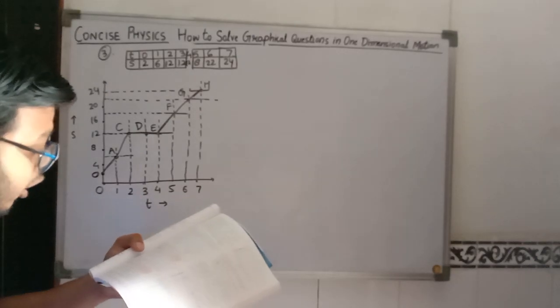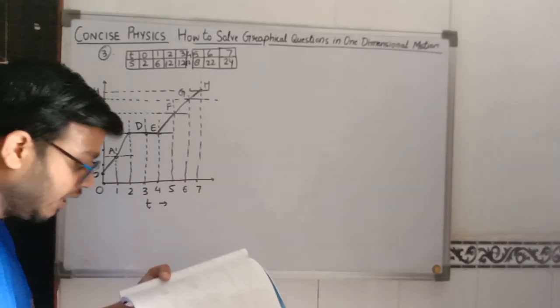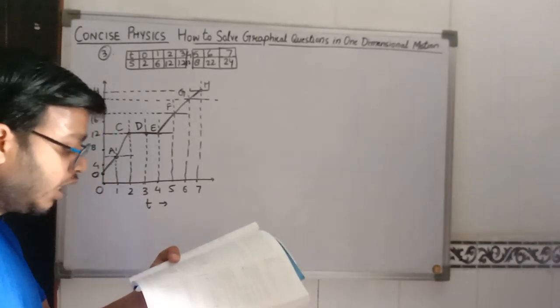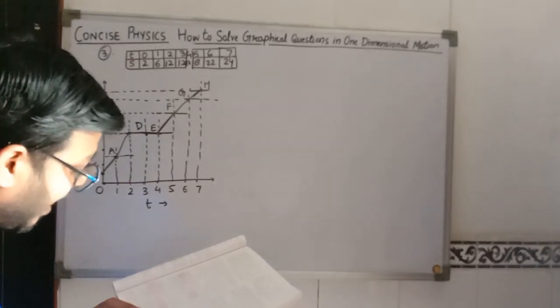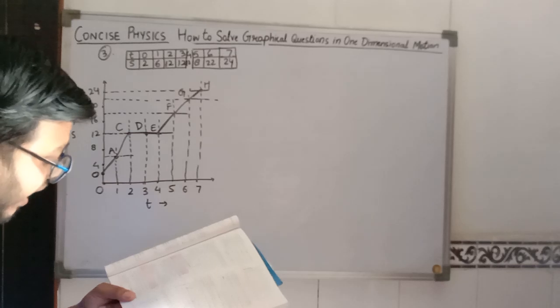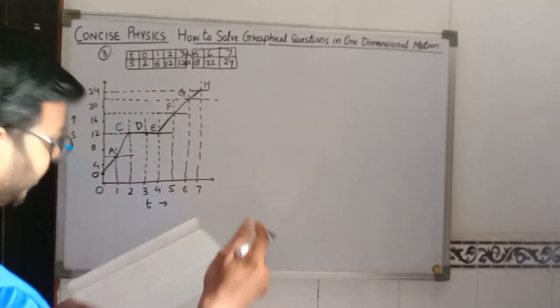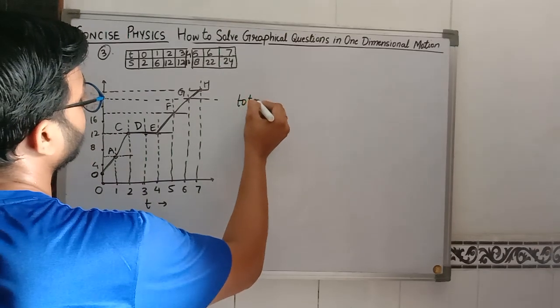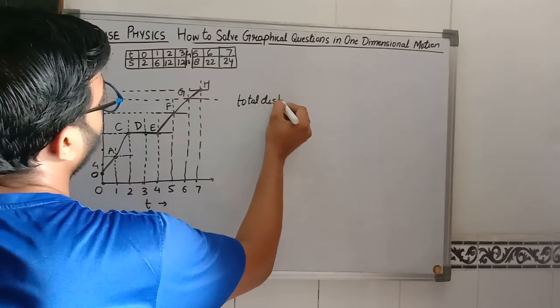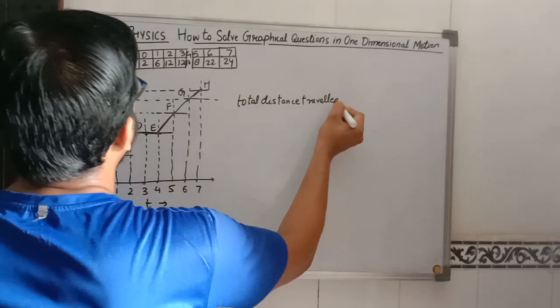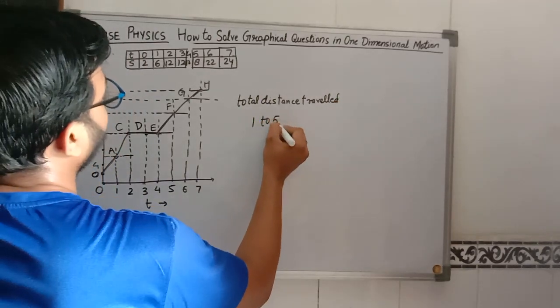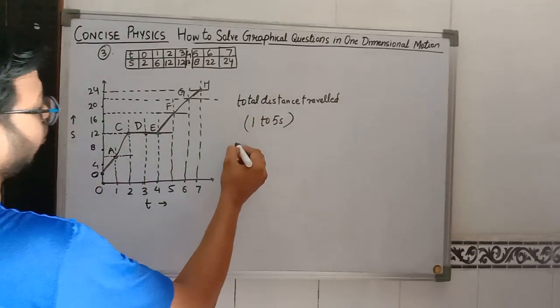Now we have to find the total distance traveled from 1 to 5 seconds. So the initial point is 1 second.